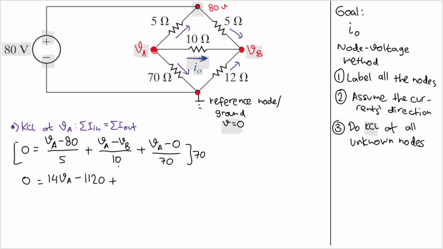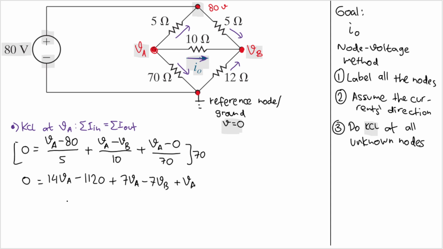Then plus 10 and 70 will cancel into 7, so I will have 7 VA minus 7 VB. And then 70 and 70 will cancel each other, so I will have plus VA.